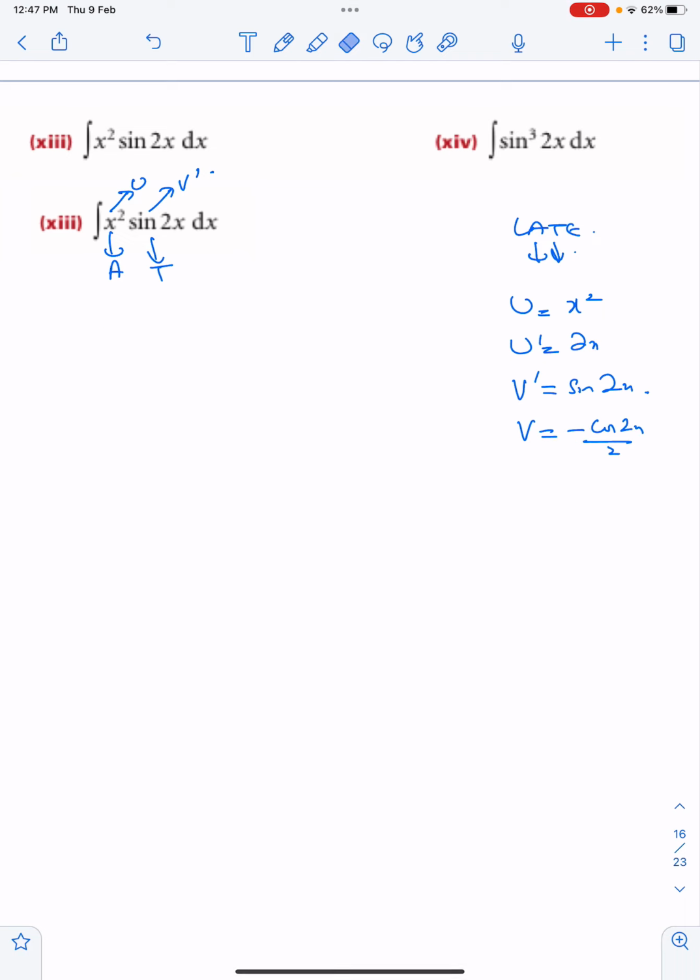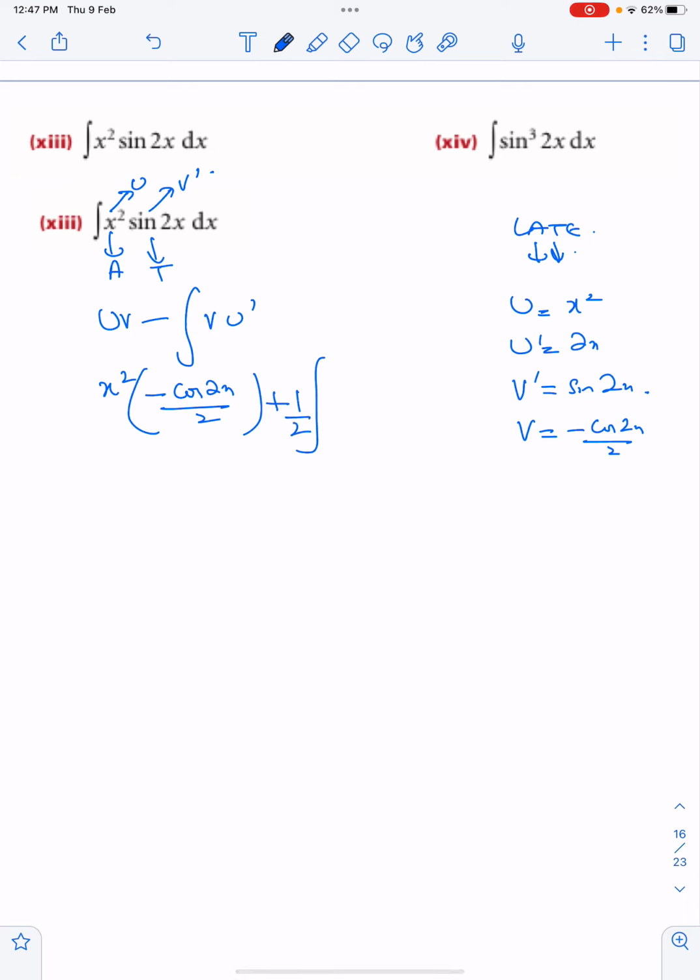Okay, let's apply the formula. It's uv minus integration of v u dash. u is x squared, v is minus cos 2x upon 2, minus integration of v. Now this is a negative, so negative negative becomes positive, so I'm making it positive, and 2 also I'm taking out as common.